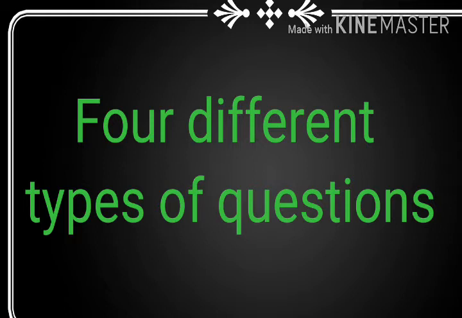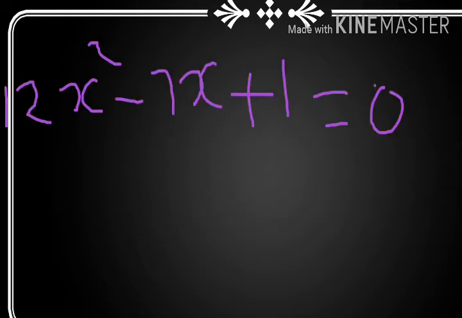So through 4 examples we can revise or study how to solve this type of questions. Okay, so the first question is: find the roots of the quadratic equation by the factorization method.